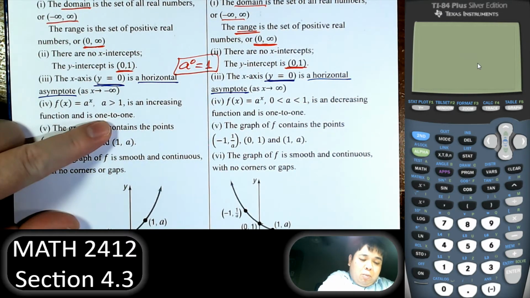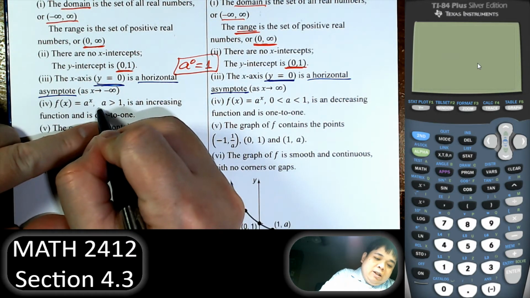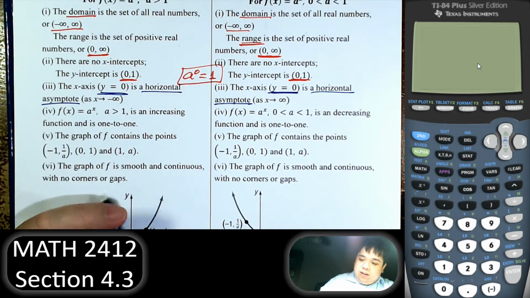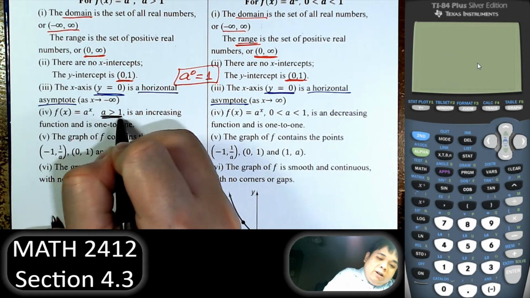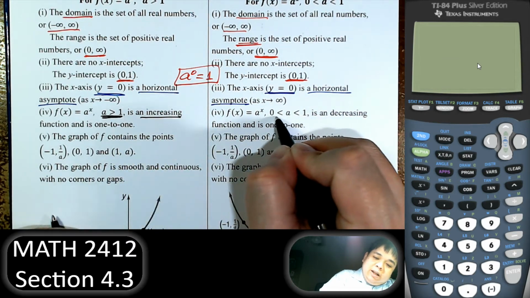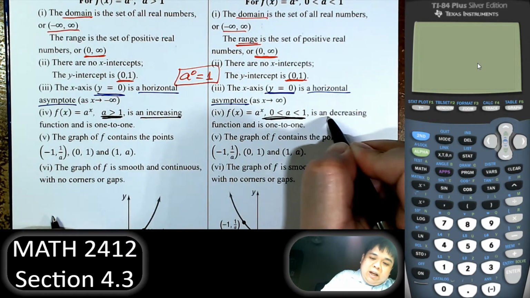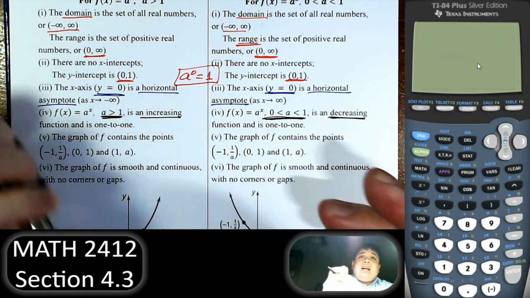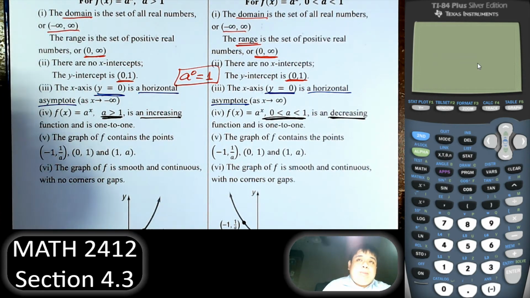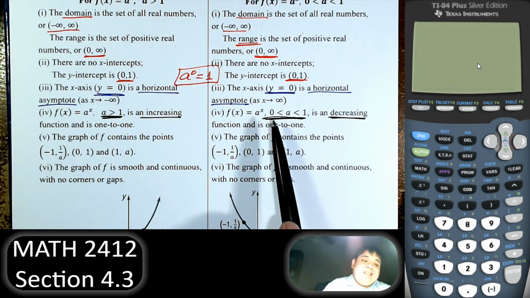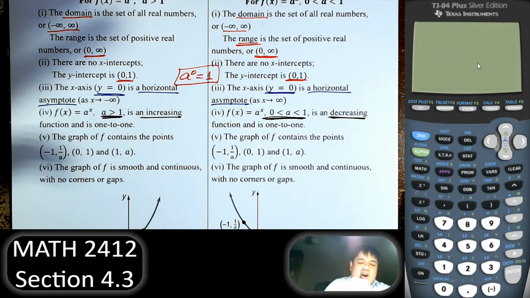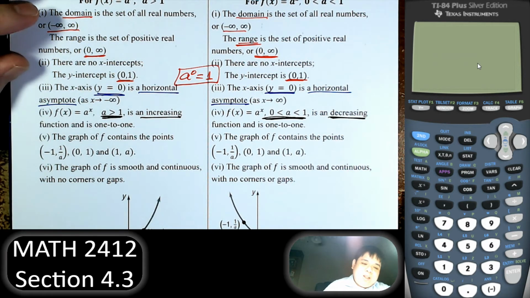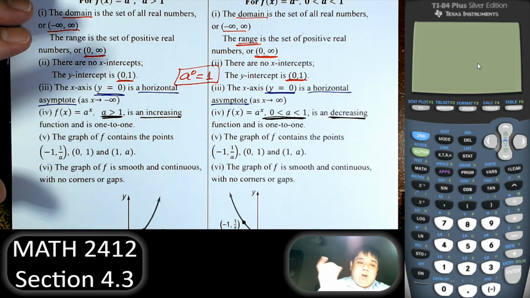If a is greater than 1, it is increasing. If it is between 0 and 1, it is decreasing. Notice that for an exponential function, the base has to be positive. So we don't have the case less than 0. We only have greater than 0 and not equal to 1. So it could be between 0 and 1 or bigger than 1.